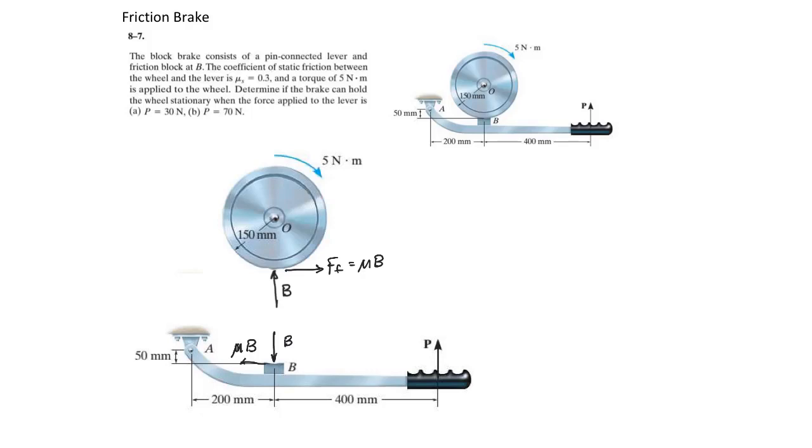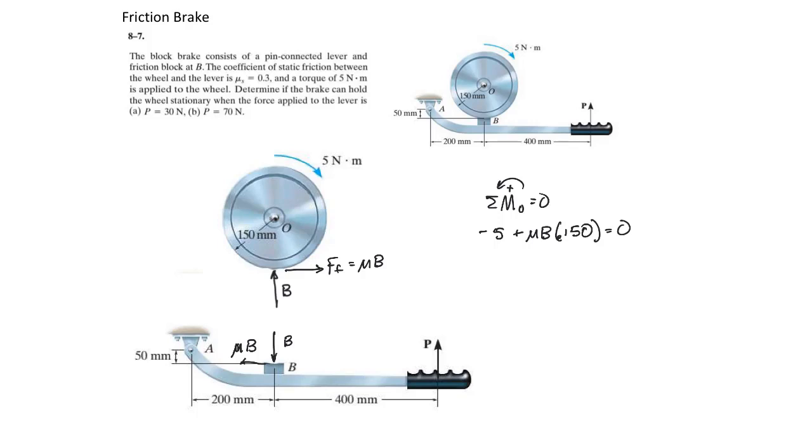All right, let's analyze the disk first. If I sum the moments about the middle, I have a 5 newton meter moment going in the negative direction, or the clockwise direction, plus mu B times its lever arm of 0.150 going in that direction, equal to 0.